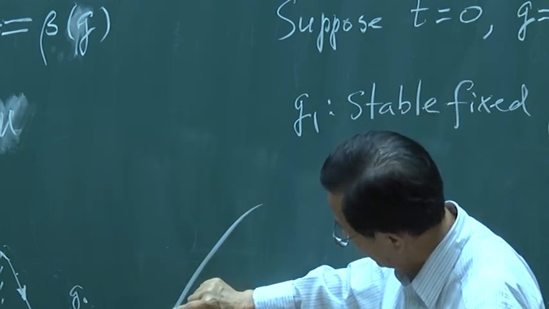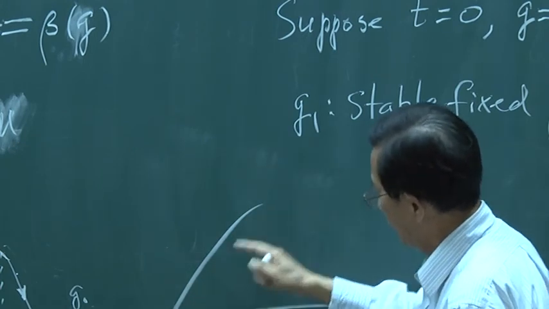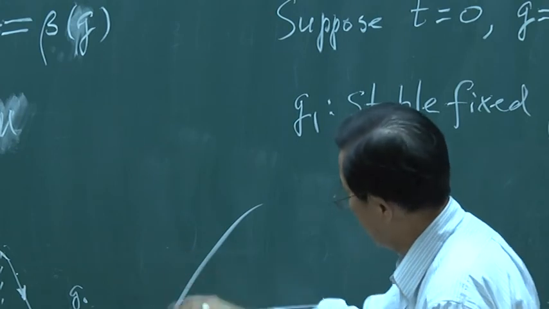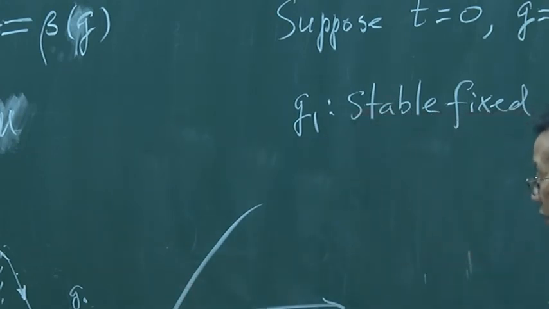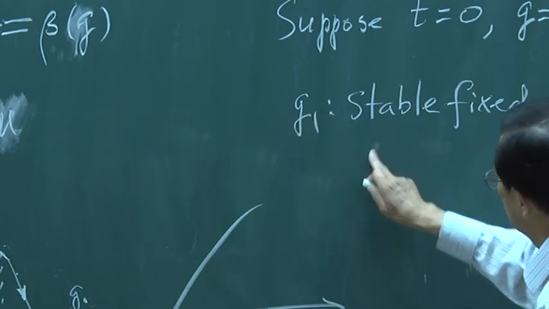As soon as you move away a little bit from the coupling constant, you will run away from it, okay? And I ask you to do an exercise yourself. By the way, if you have a question, please raise your hand and ask some questions, okay? So this is the idea of fixed point.